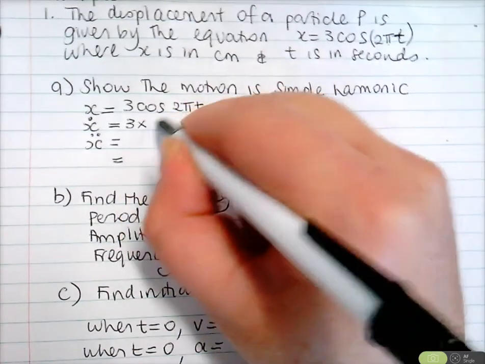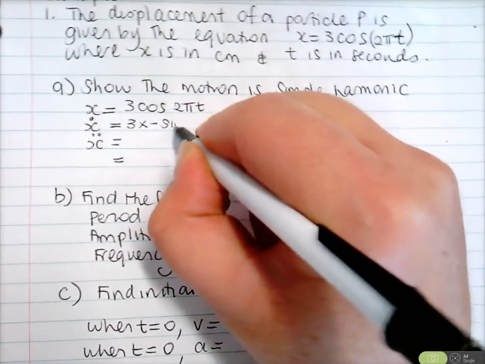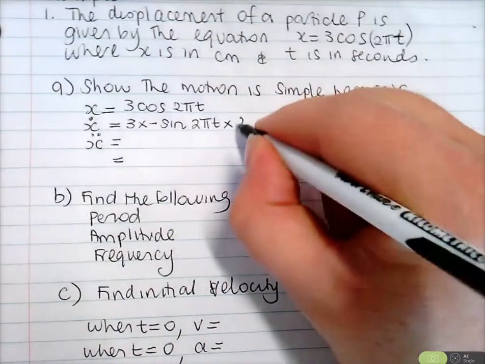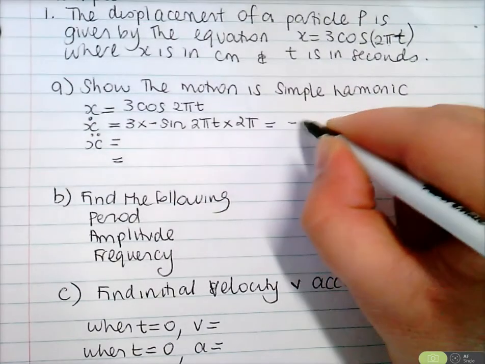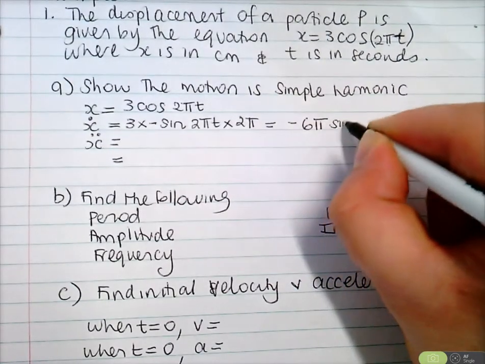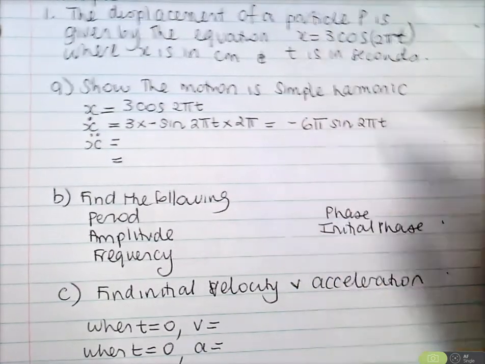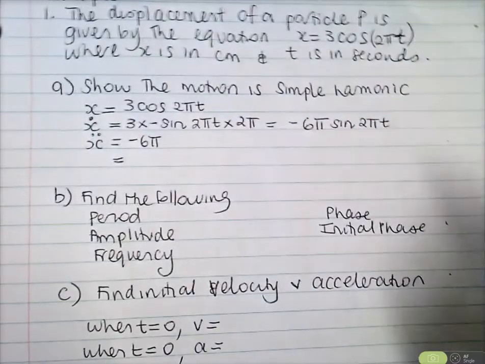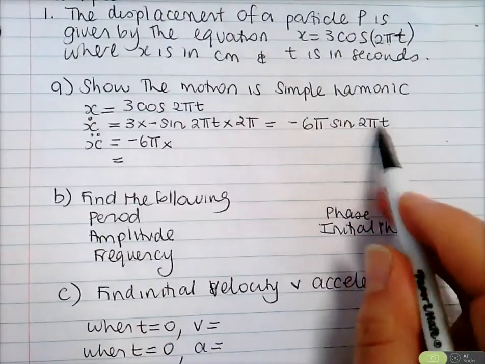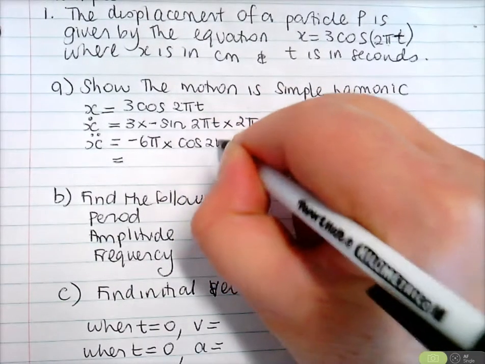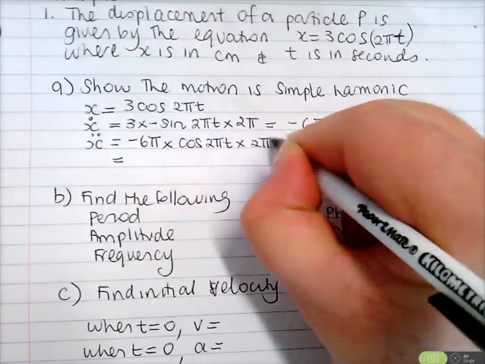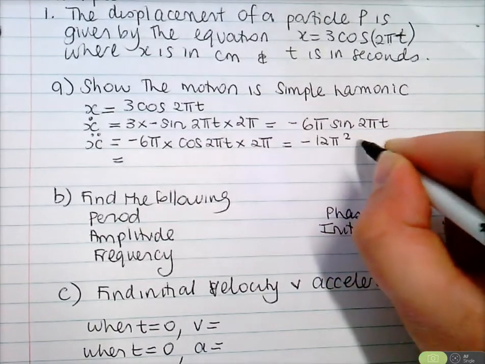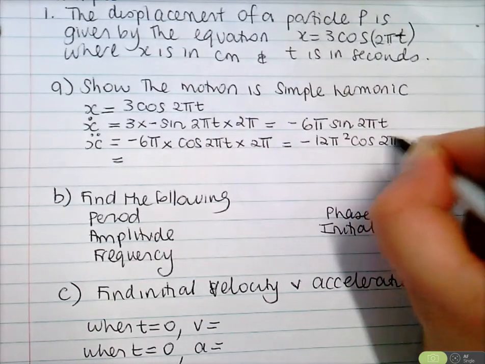Isn't it 3 times negative sine 2 pi t times 2 pi, which is negative 6 pi sine 2 pi t, and acceleration is negative 6 pi times cos 2 pi t times 2 pi, which is negative 12 pi squared cos 2 pi t.